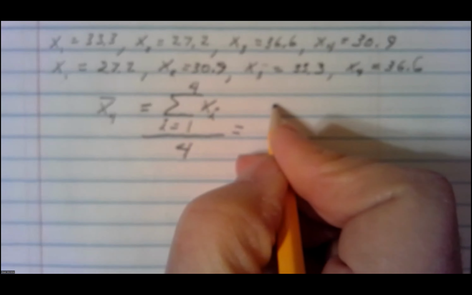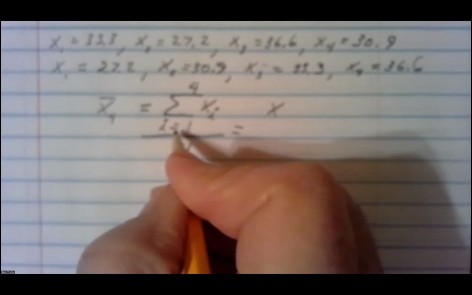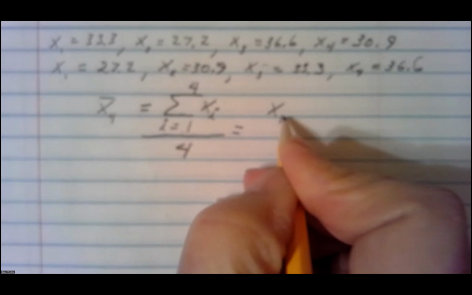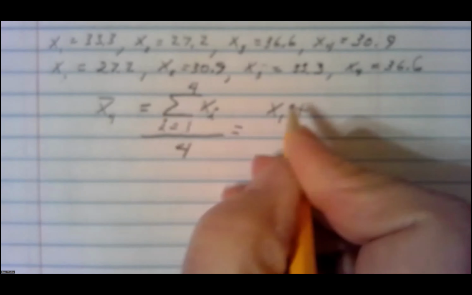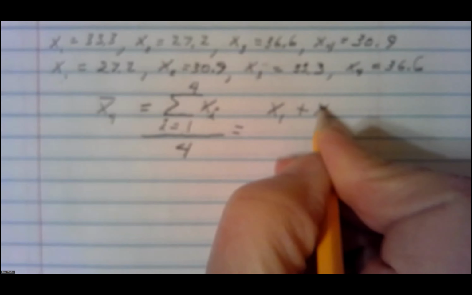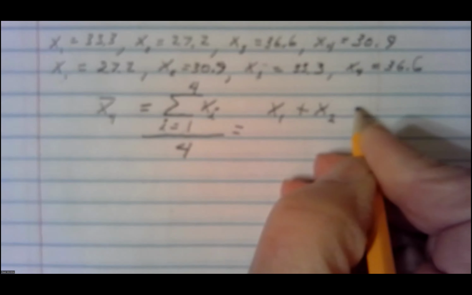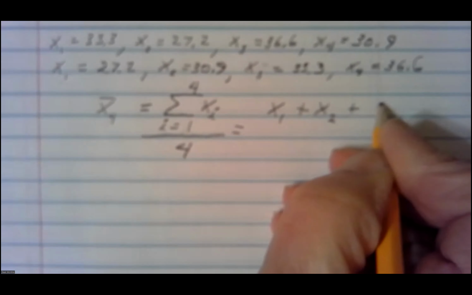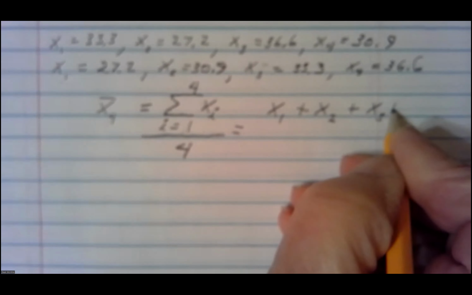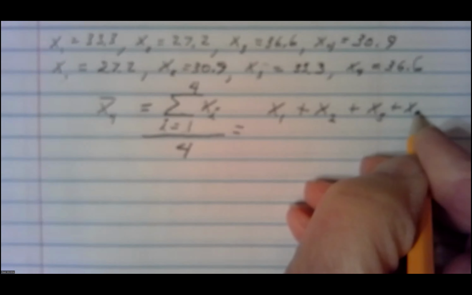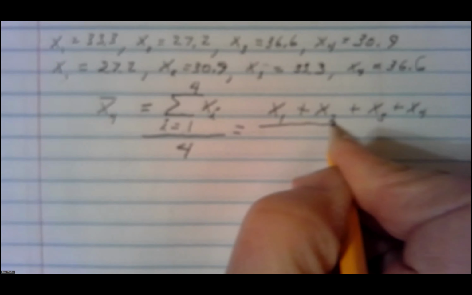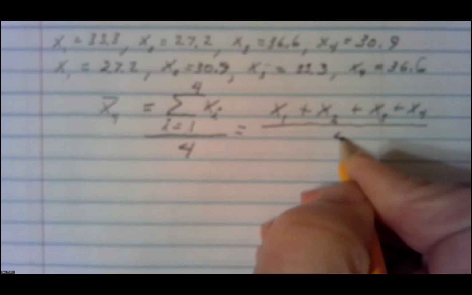In other words, when i is 1, we have X sub 1, and the summation says add up X sub 2 when i is 2, X sub 3 when i is 3, plus X sub 4. That's what that means, all divided by 4. Now that's what that means symbolically.